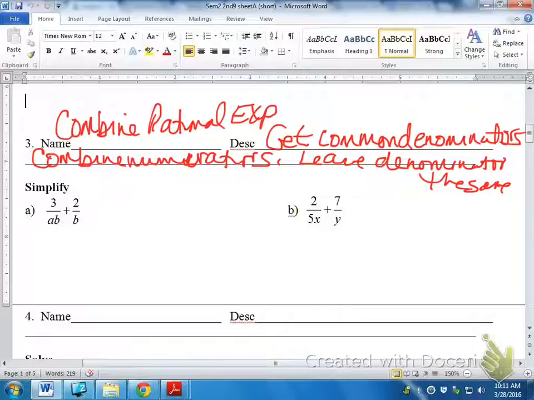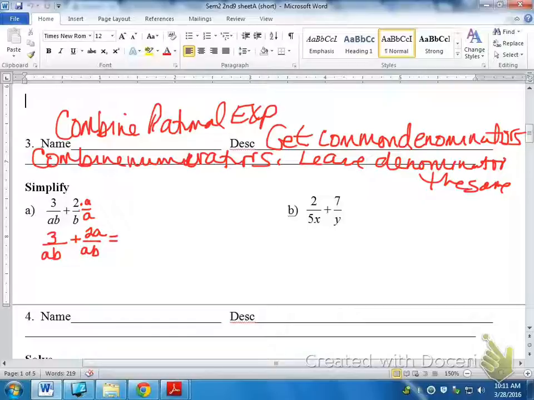All that means is you're going to take this one on the right and multiply it by an A over an A. Because what that will do then, your first one will stay the same, 3 over AB. The second one would become 2A over AB, changed around so that it's in alphabetical order like it's supposed to be.